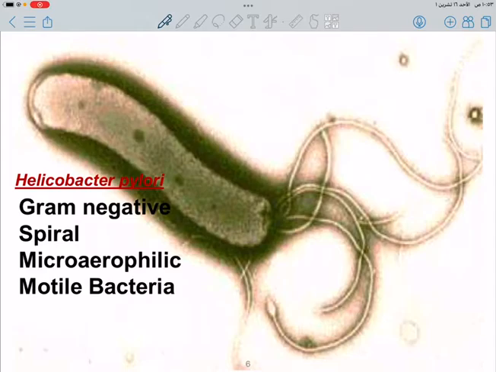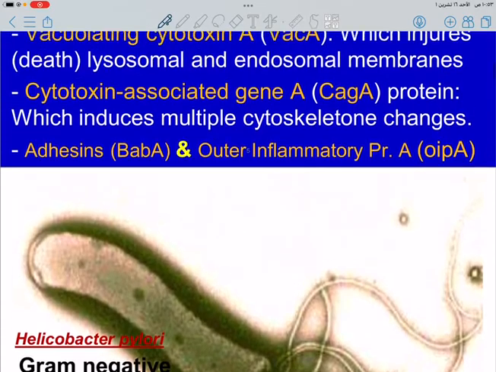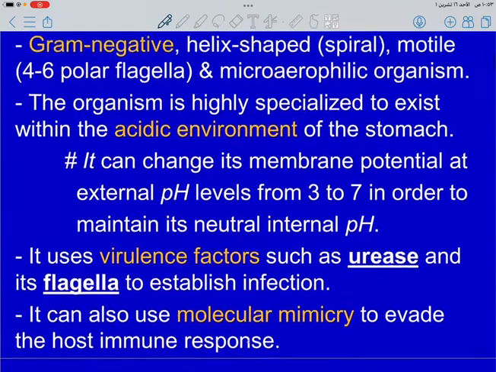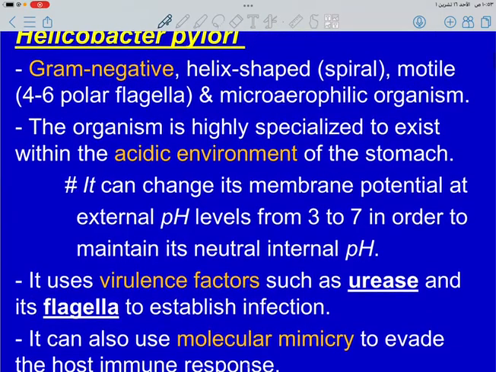Okay? So this microorganism is motile and it is microaerophilic. This microorganism requires a microaerophilic environment. And we will talk about the microaerophilic environment while we are going to discuss.